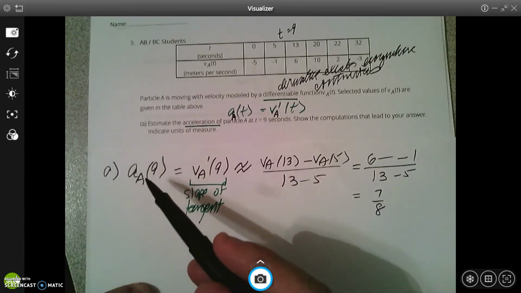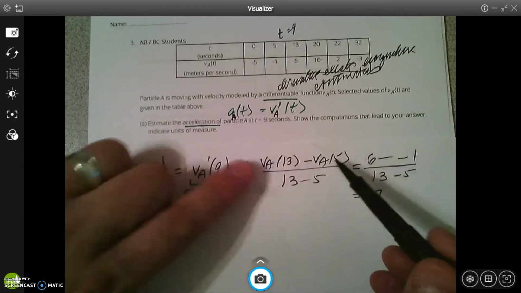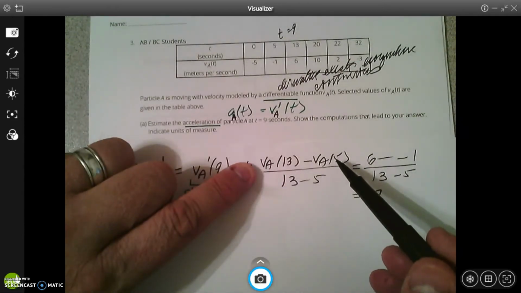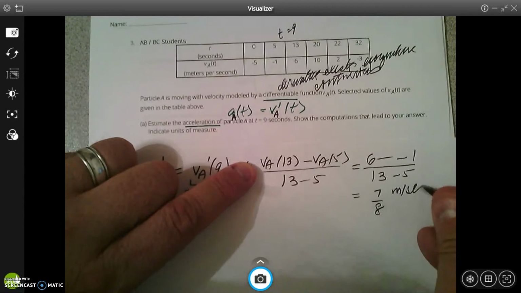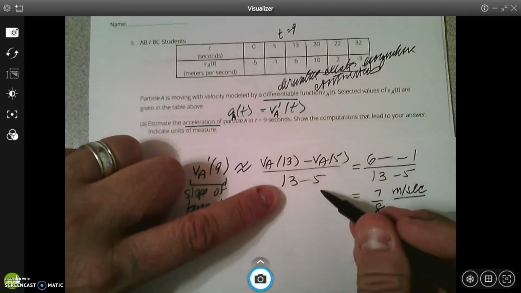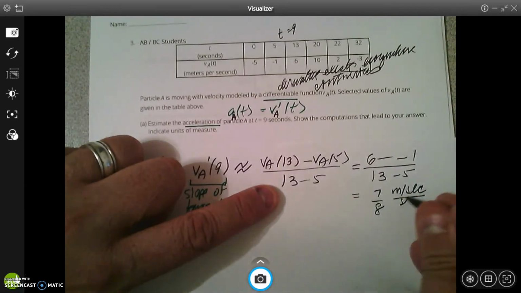Now, before we leave this problem, we also need to indicate the units. Well, what is it that we're measuring in the numerator? We're measuring the velocity of the particle, and that's being measured in meters per second. What are we measuring the denominator of this fraction in? Well, the 13 and the 5, that represents seconds.